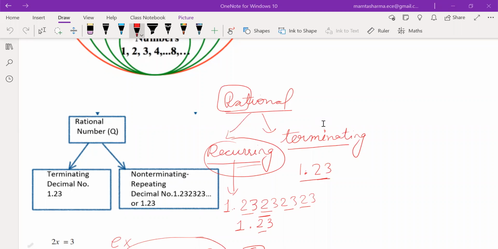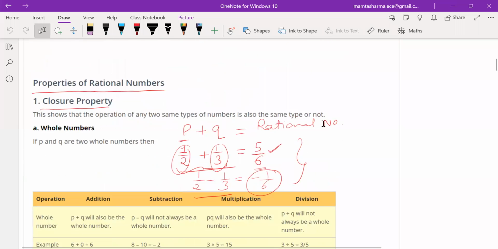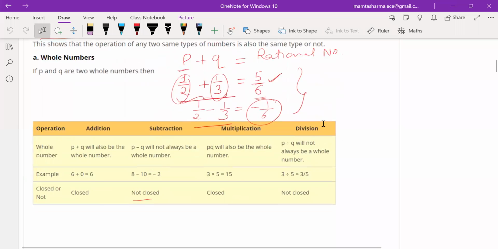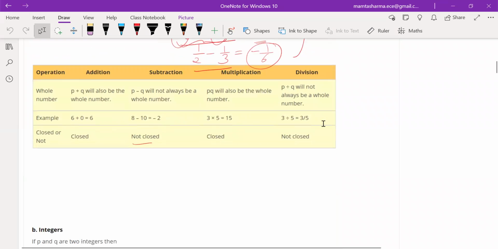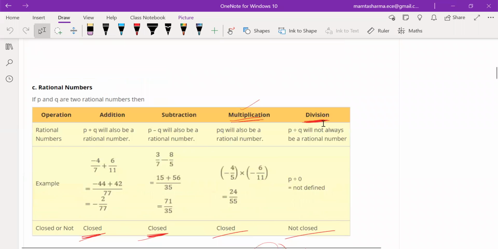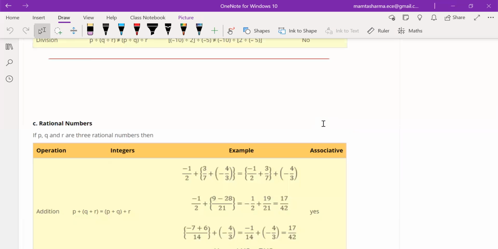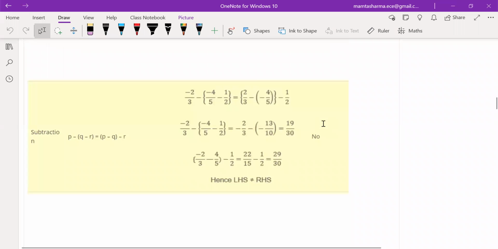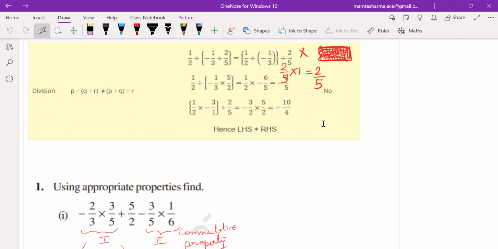So, I have told you about the rational numbers and their properties. There are 5 types of property. Closure property. The second property was commutative property.